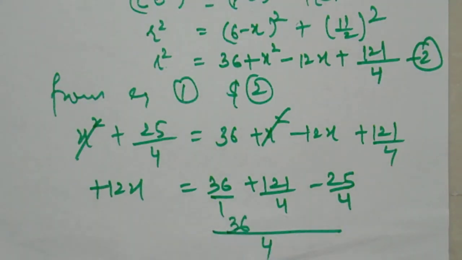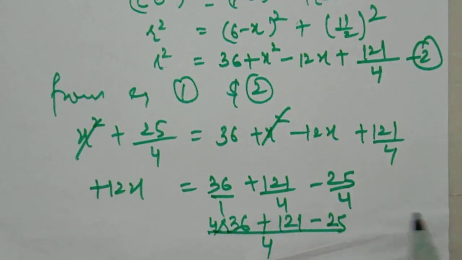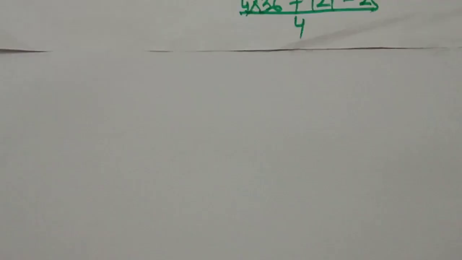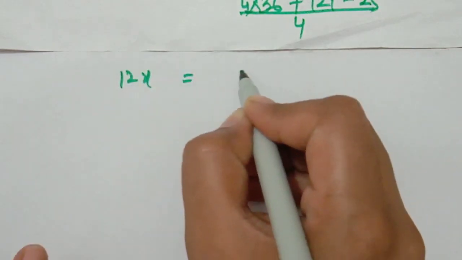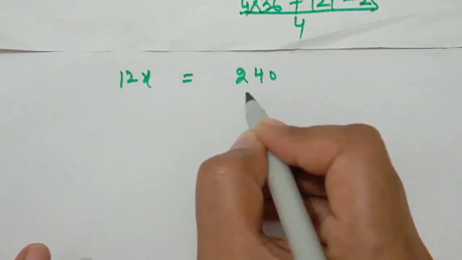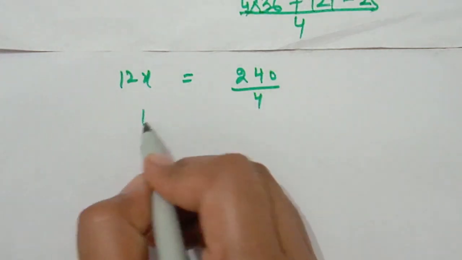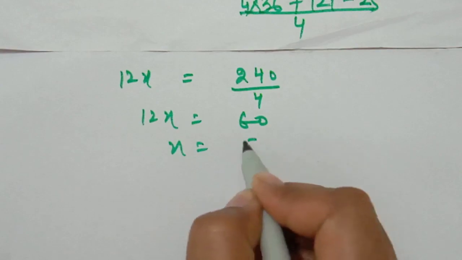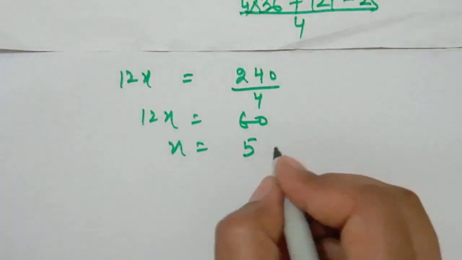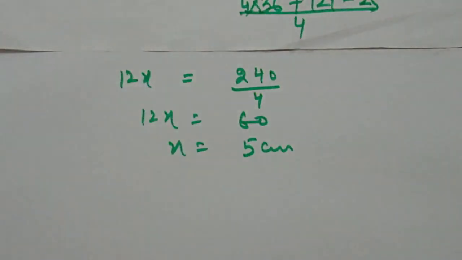It is 36 plus 121 minus 25, so 4 into 36 plus 96, and then we will solve this. Then 12x is equal to 240 divided by 4, which is 60, and then x is equal to 5. So the value of x is 5 centimeter.